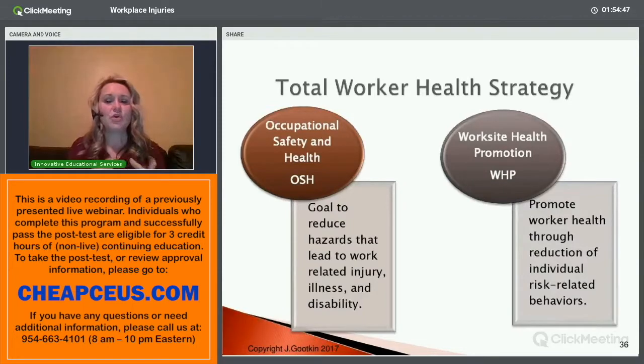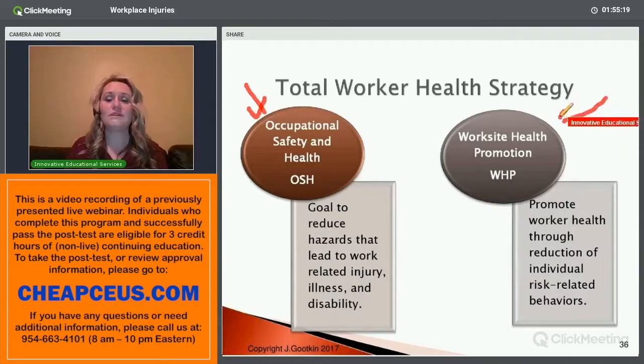There's this process called Total Worker Health Strategy. And OSHA has told pretty much every organization, there are some smaller companies that are exempt from this, but for the most part, organizations need to look at a twofold process. They need to consider occupational safety and health. So that's looking at the physical hazards and physical environment that the individual is interacting in that could potentially lead to injury for them.